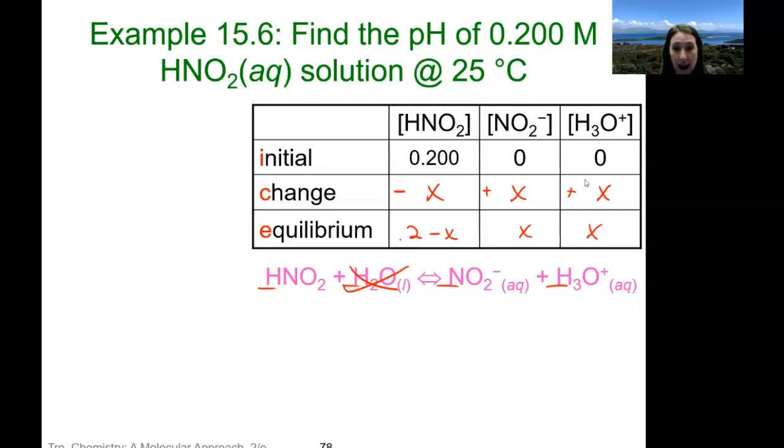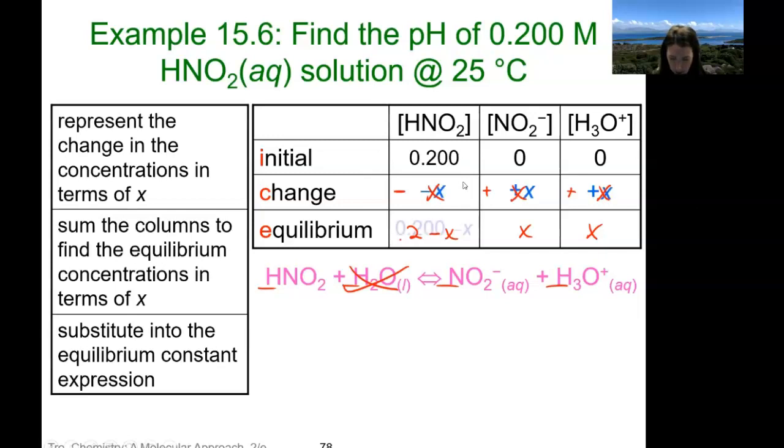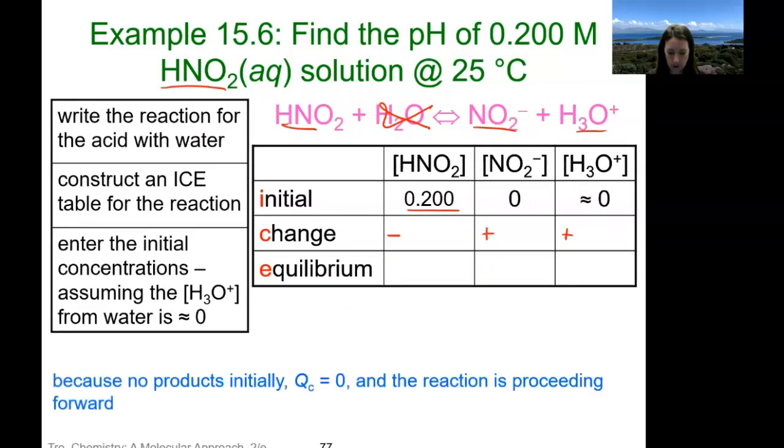Now, our K, I had it on the last slide, let me see if it pops up here. It was like 4.6 times 10 to the, I can't remember. 4.6 times 10 to the negative fourth is our K.